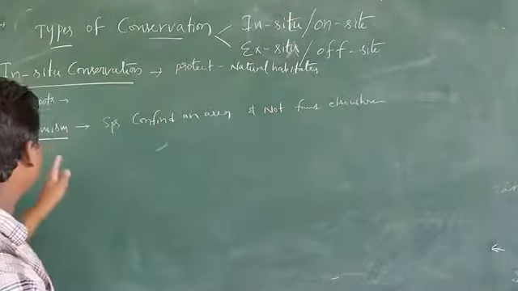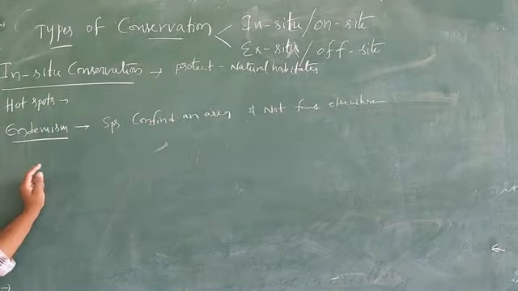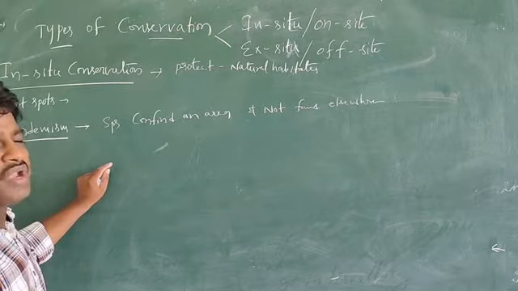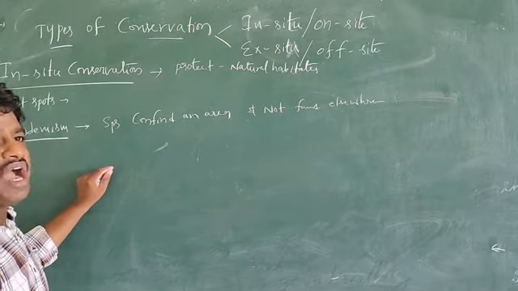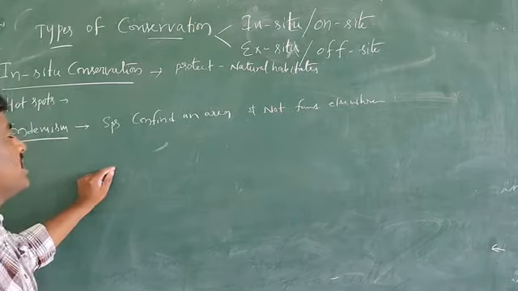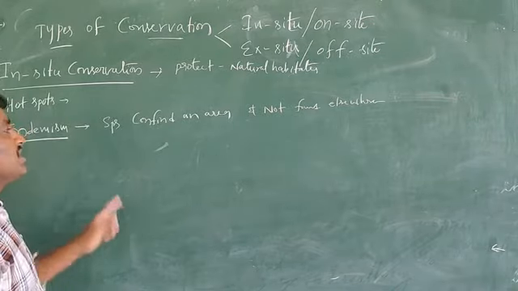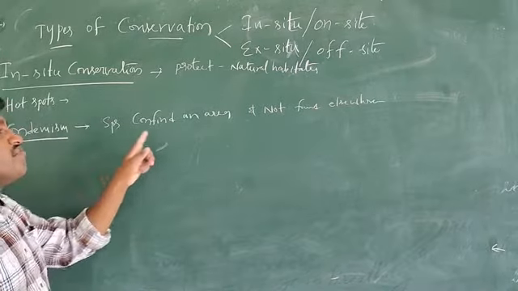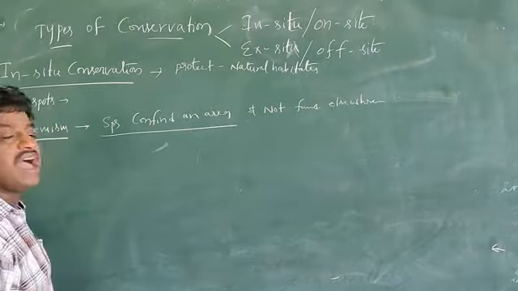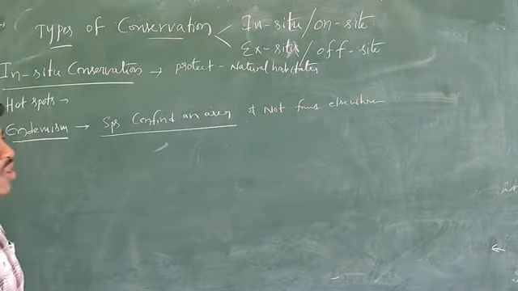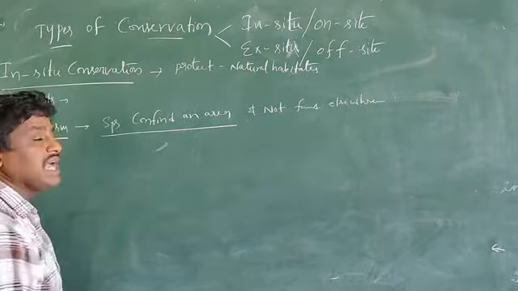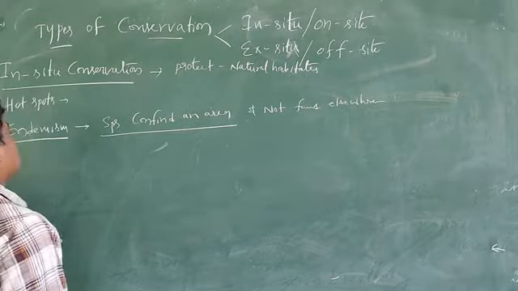Such a species we call endemic species. So in an area you can see maximum protection and a high degree of endemism. The species confined to an area, not found in any other region. That we call endemic species.